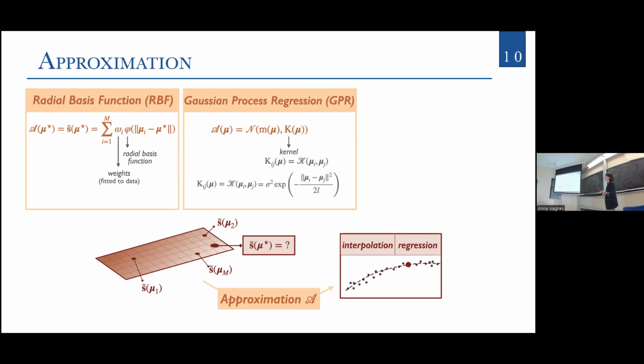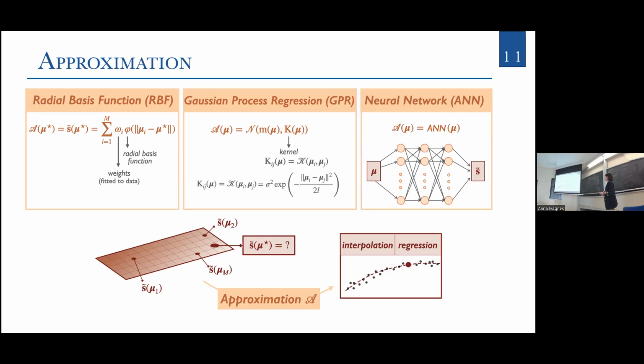This is the one that we considered, for example, in our case. And then we can have another approach that is a neural network. So of course, regression can also be done with neural networks. So it simply takes as input the parameter and gives as output your reduced representation.